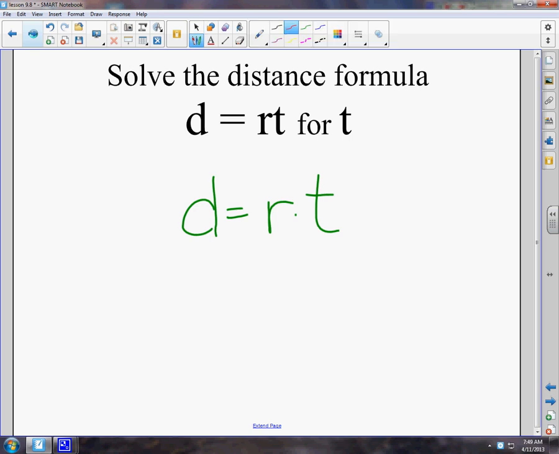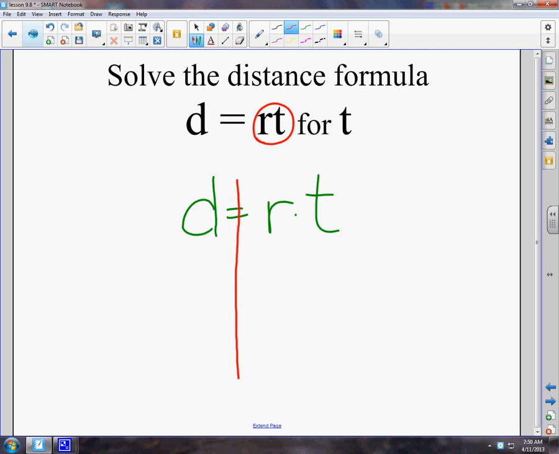All right, so first I'm going to draw a line, and then I'm going to look for addition and subtraction. I don't see an addition or subtraction sign, so you don't have to add or subtract anything. So I move to multiplication and division. I see a multiplication sign, and if you don't see it, like here, RT, you assume it.